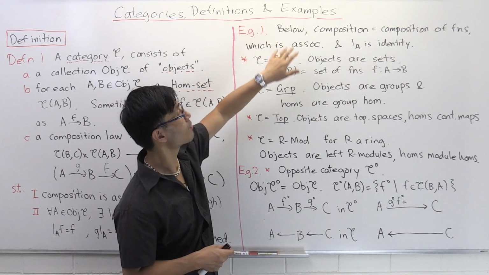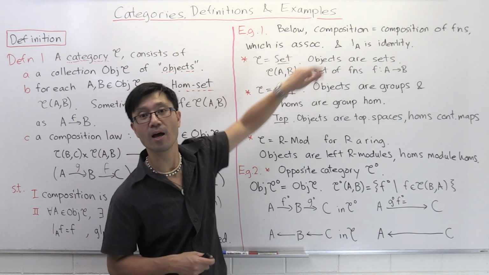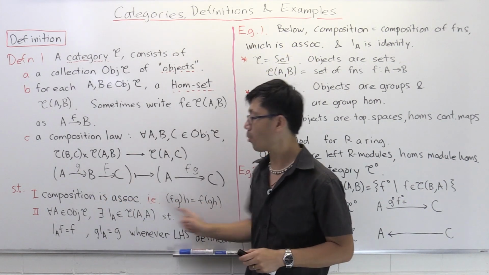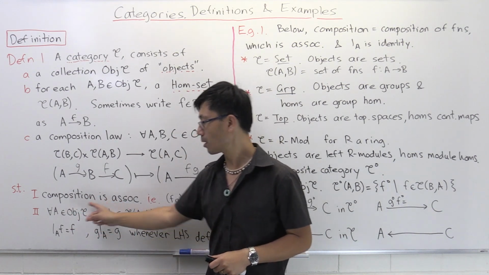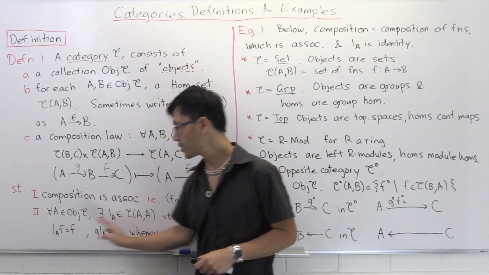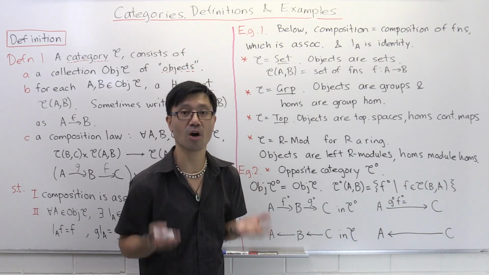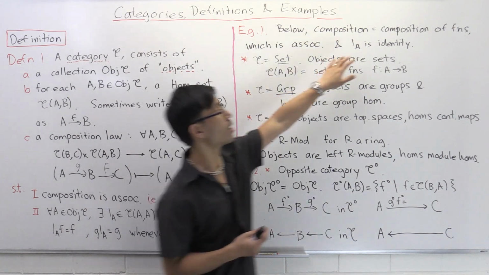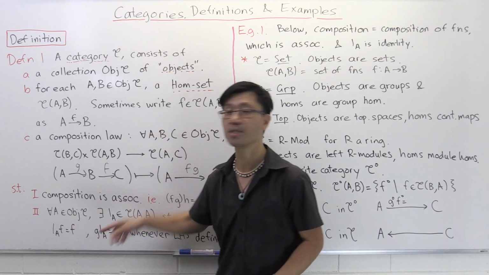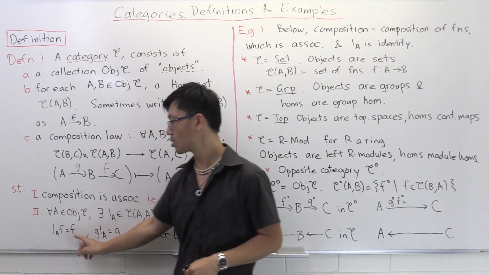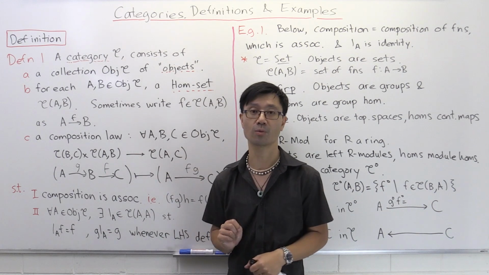Since composition of functions is associative, this axiom here will always hold. The other thing is that the identities on the objects are just the identities on those sets. Since they're identities, when you compose with an identity map, of course, it doesn't change the map. So this second axiom will hold as well.